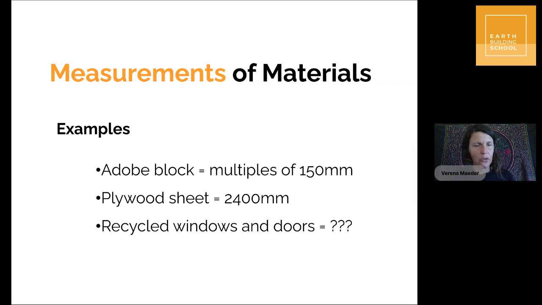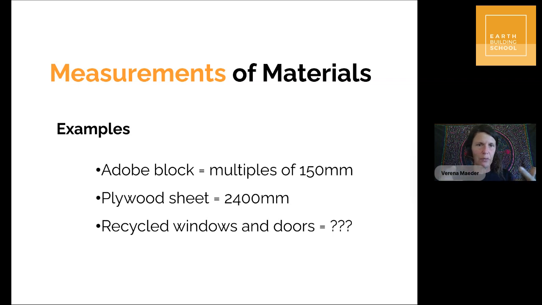But if you're doing a solid earth construction, the minimum width of your load-bearing wall is 280 millimeters. And the way that translates into thinking about a floor plan into units is that the block works with the 280 millimeters plus 20 millimeters of mortar, so that brings it up to 300.